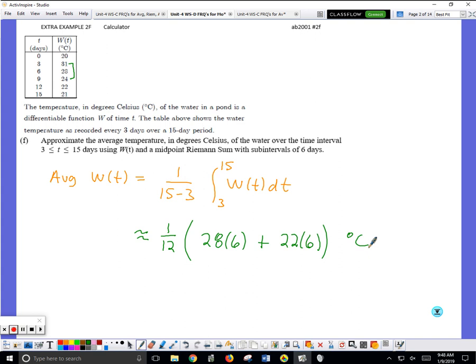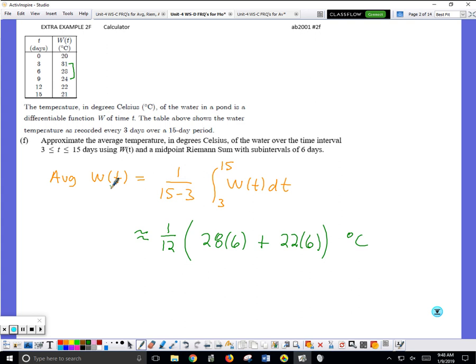Why did you put the squiggly equals? Because a Riemann sum is an approximation of an integral. The average value of the water temperature is exactly this integral, but the Riemann sum is an approximation. Don't stress too much on the squiggly versus equal. If you mix it up like I do regularly, they won't deduct the points.